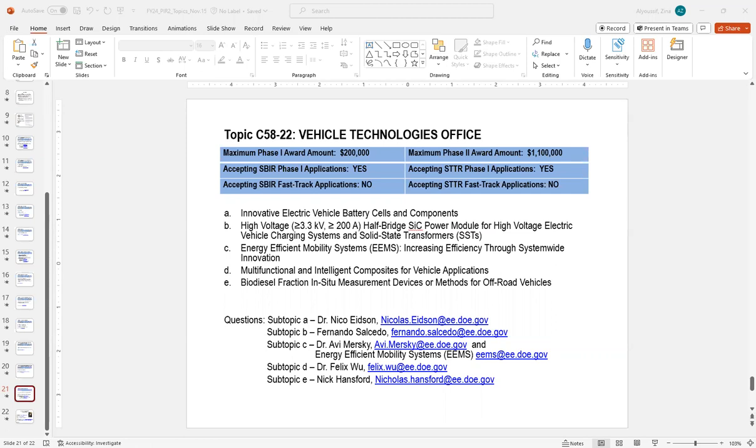We've identified that in DORMA, that's the decarbonization of off-road, rail, marine, and aviation, biofuels and biofuel blends are likely to be a pathway for the foreseeable future.